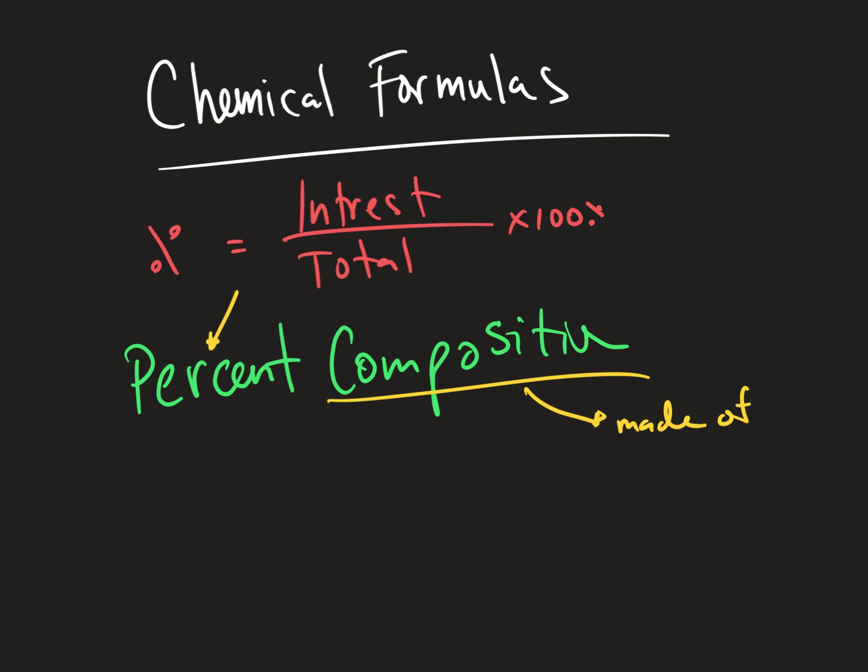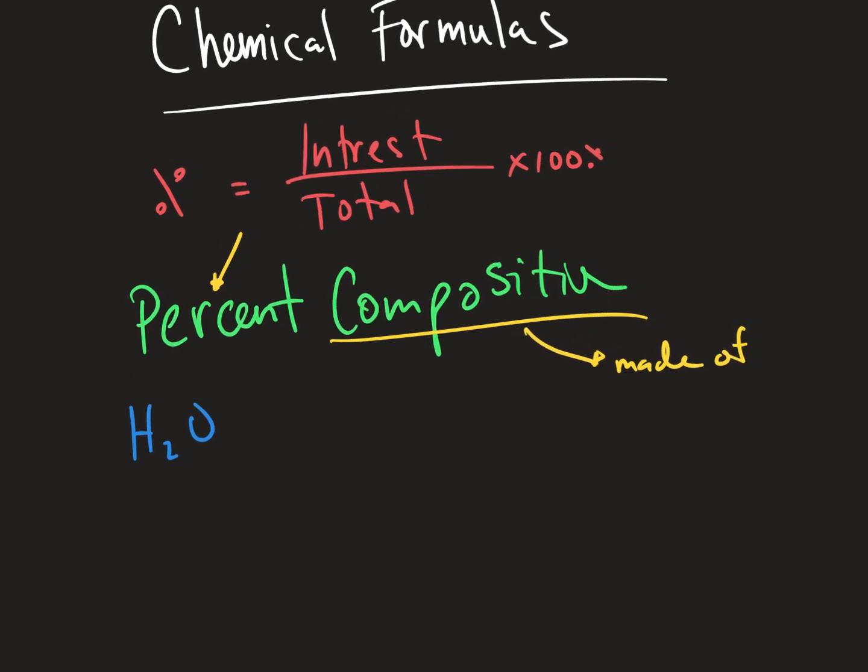So if we have, for example, H2O, when I say what's the percent composition, we want to know what percent is hydrogen and what percent is oxygen of water. And whenever we talk about percent composition, it's always by mass. Okay. Hence, that's why we use the mass spectroscopy, right?